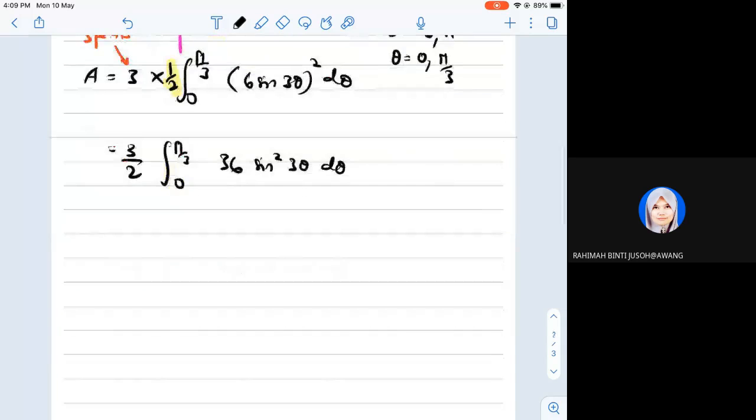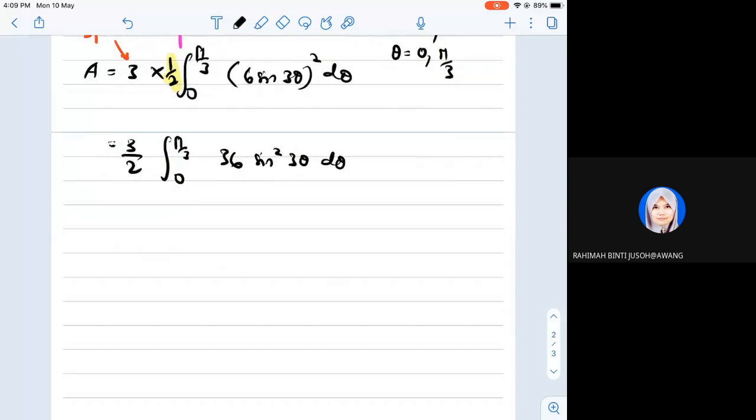Okay guys, so now with sine squared, we cannot integrate sine squared directly. So what you should do is change this using the double angle formula, where sine squared theta is equivalent to 1/2 times 1 minus cos 2 theta.